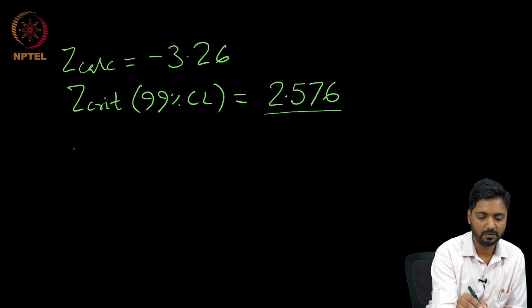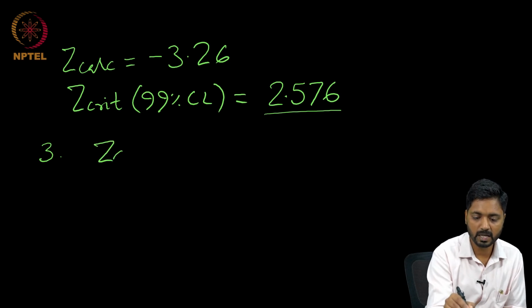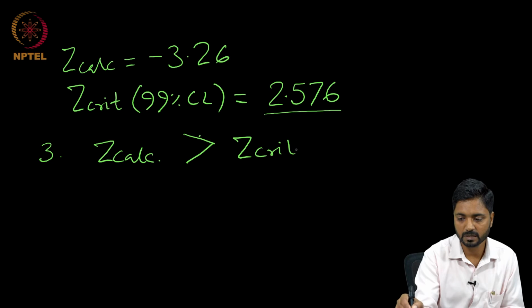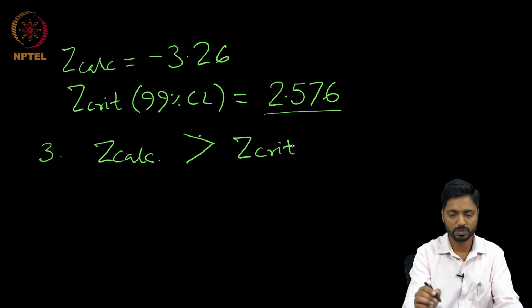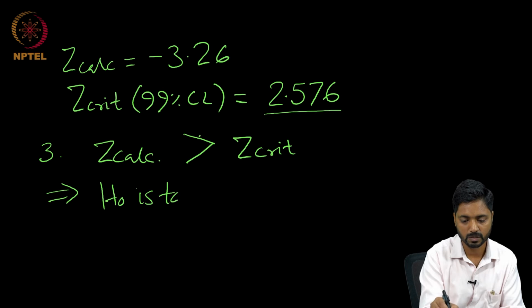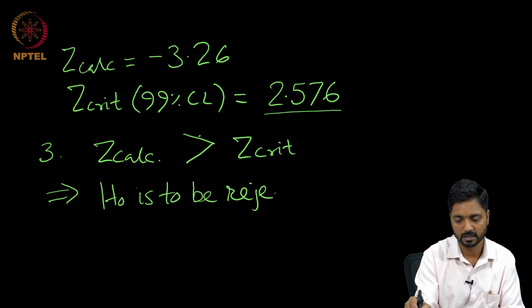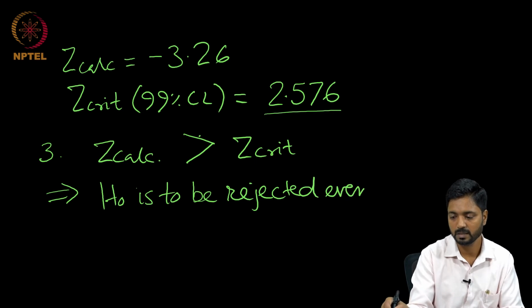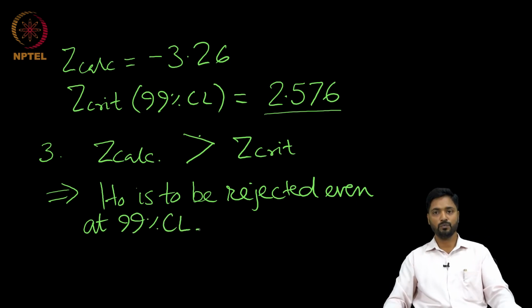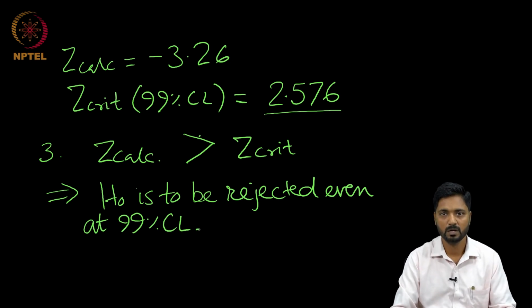When we compare, we still find, in the third step, that the z calculated value is greater than the z critical value, which implies that the null hypothesis is to be rejected even at 99% confidence level.